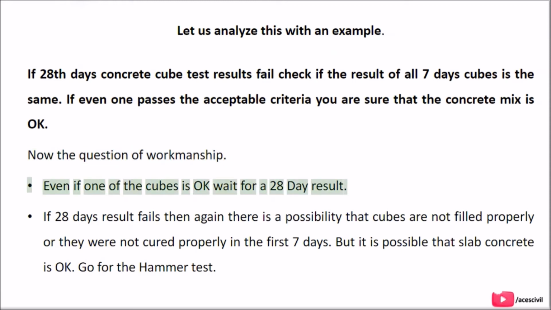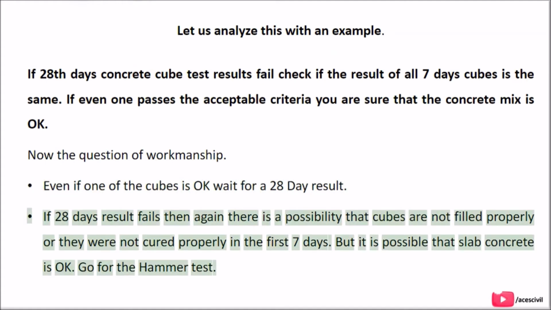Even if one of the cubes is okay, wait for the 28-day result. If the 28 days result fails, then again there is a possibility that cubes were not filled properly or they were not cured properly in the first 7 days. But it is possible that the slab concrete is okay. Go for the hammer test.